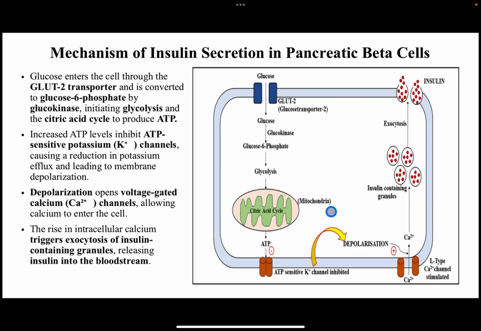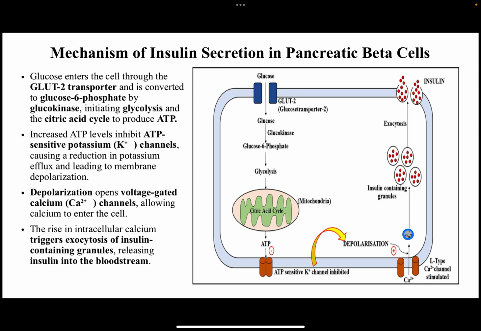And the moment the beta cell depolarizes, we have a voltage-gated calcium channel within the beta cell. Once the beta cell depolarizes because of the increased levels of ATP, this voltage-gated calcium channel will open so that calcium enters the beta cell.